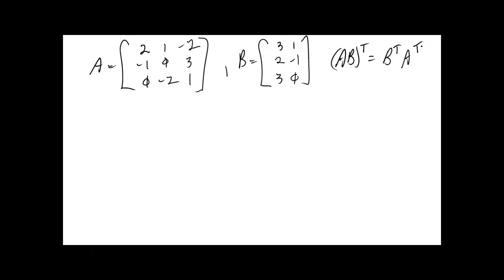So the first thing we've got to do is multiply AB. So let's do AB. What size will that be? Okay. Yeah, this is a 3 by 3. That's a 3 by 2. So it's going to be 3 by 2. All right.